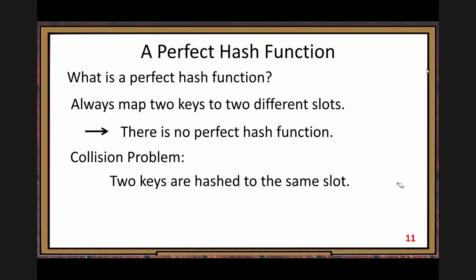If the collision occurs with very small probability, then our overall performance will be good, and our hashing technique for search operations will be very good. Our next topic will be collision resolving strategies.